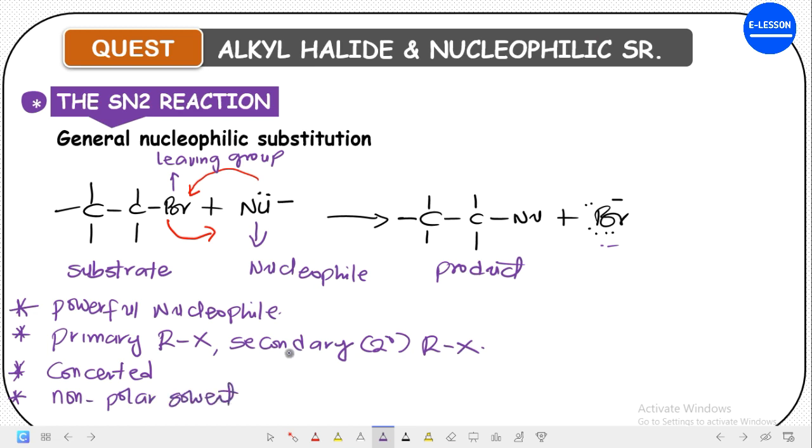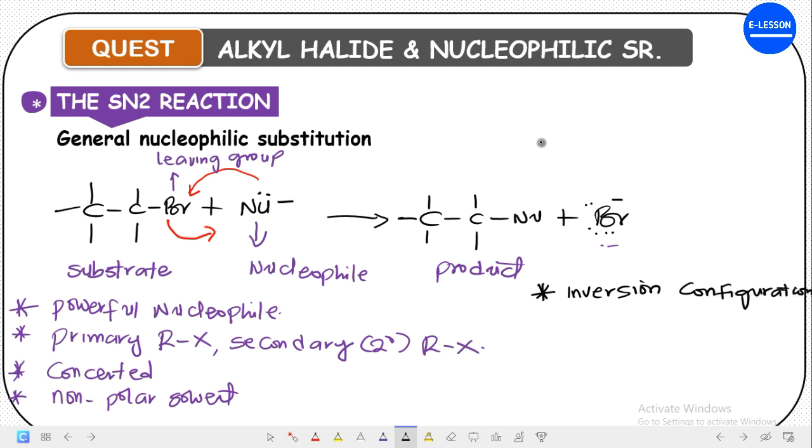Now, the next condition is that the product of SN2 reaction usually gives an inversion of configuration. We are going to look at what we mean by inversion of configuration. Configuration means we are talking about the stereochemistry.